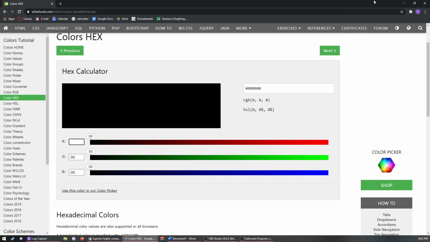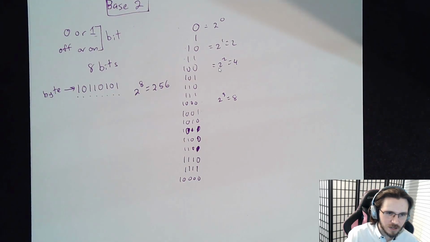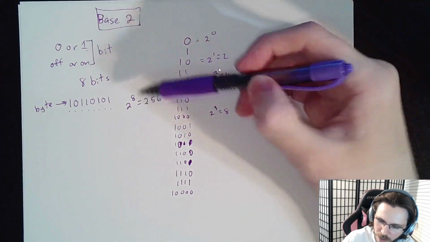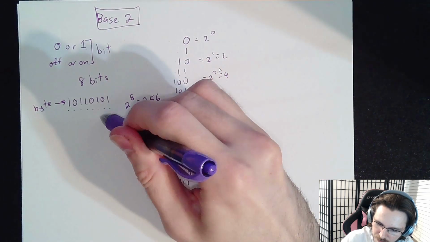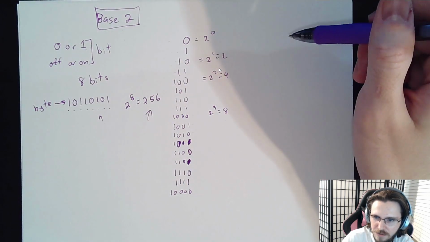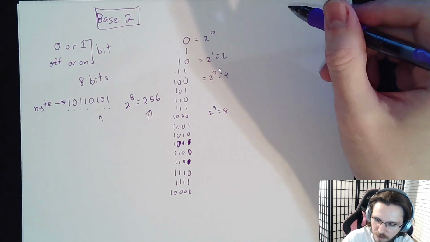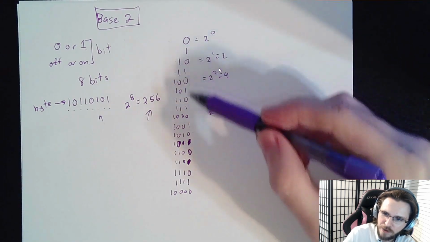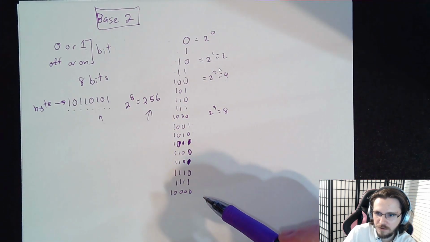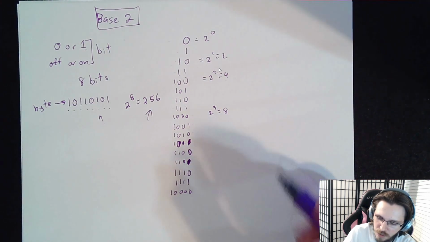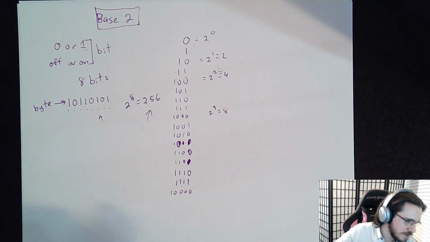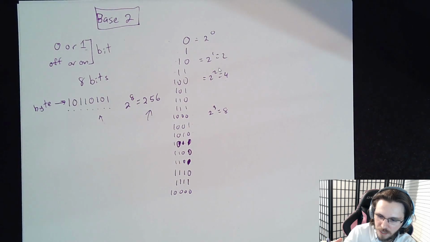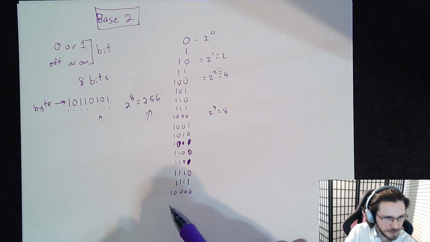Okay, so maybe we haven't learned quite enough yet. I forgot to teach a little bit of an extra thing. If 256 is such an important number, we need another way of arriving at it so we don't have to take so long filling in these values. If you really wanted to program something to say 210, for instance, it would take quite a bit to figure out where all the zeros and ones go.